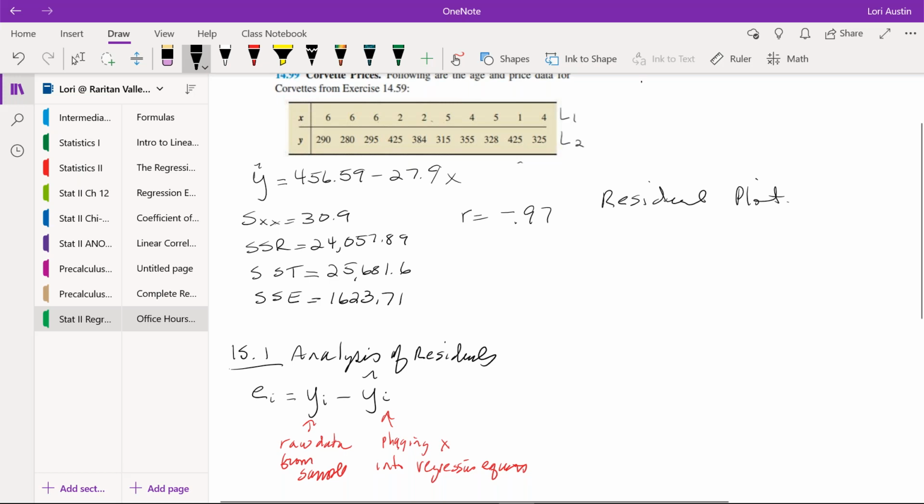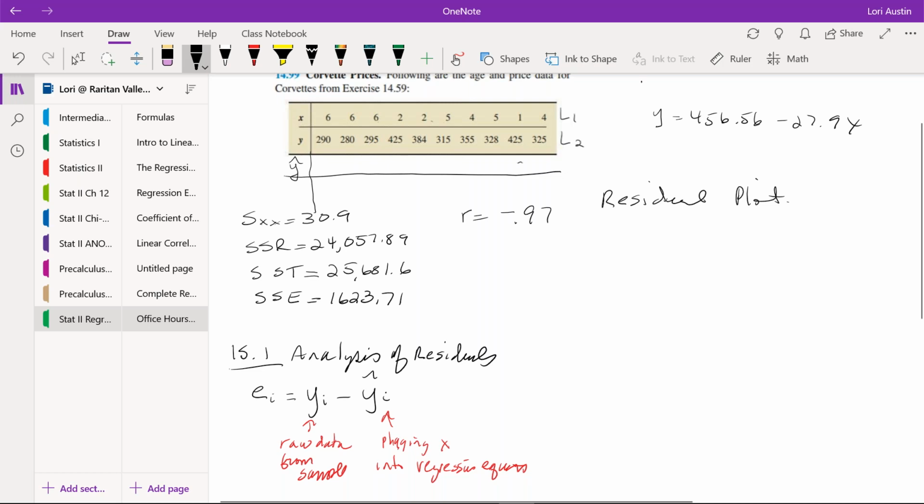So what I'm going to do is move our regression equation over for a minute so I can have some space under my graph. I'm going to erase this space right here. And I'm going to extend my table, because the first thing I want to find is what are the predicted values.